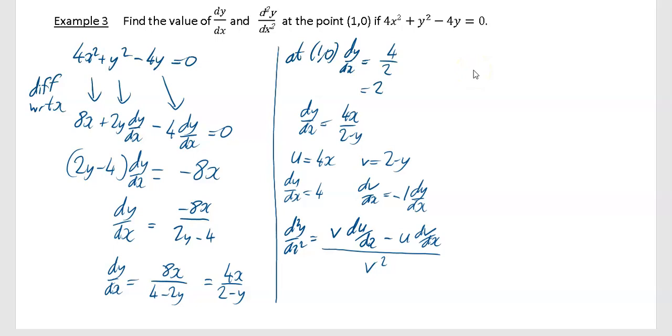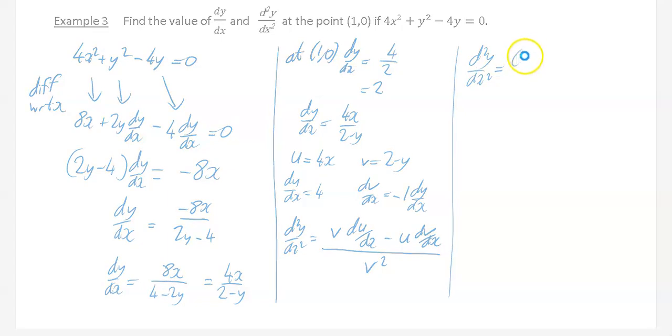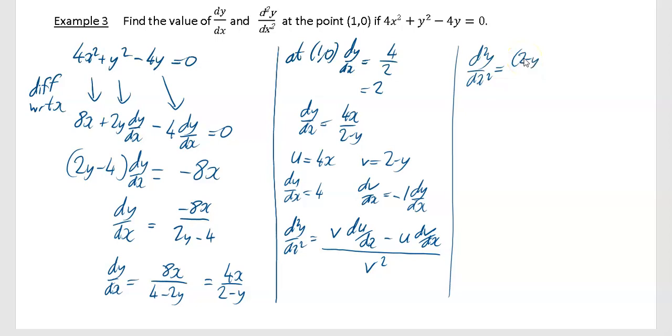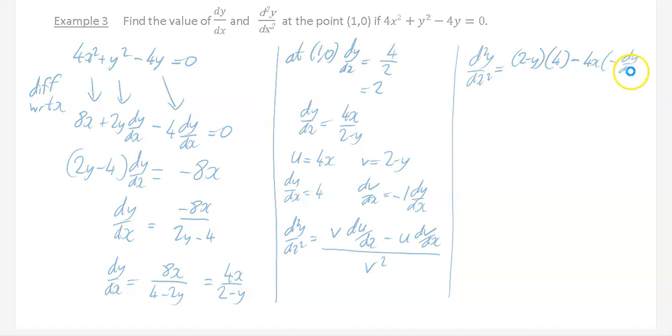So d2y by dx squared is equal to, so the v was 2 minus y, my du by dx was 4, then minus my u, which was 4x, times my dv by dx, which was minus 1 times dy by dx, so minus dy by dx.